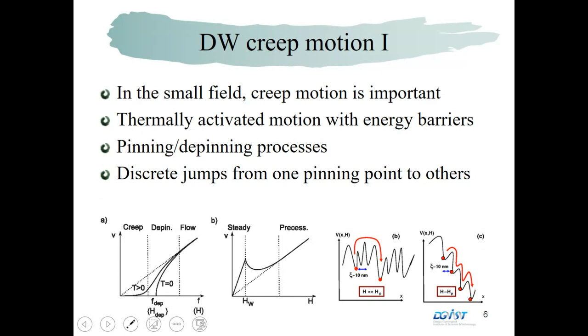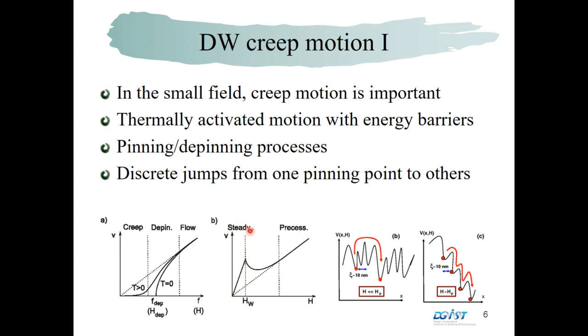Okay. So domain motion by the field: this is the x-axis, the field, and the y-axis is domain velocity. So in a small field, the domain moves proportional to the external field. The velocity is proportional to the external field. So we make some kind of linear velocity increase with the field. And this region we call the steady domain motion.